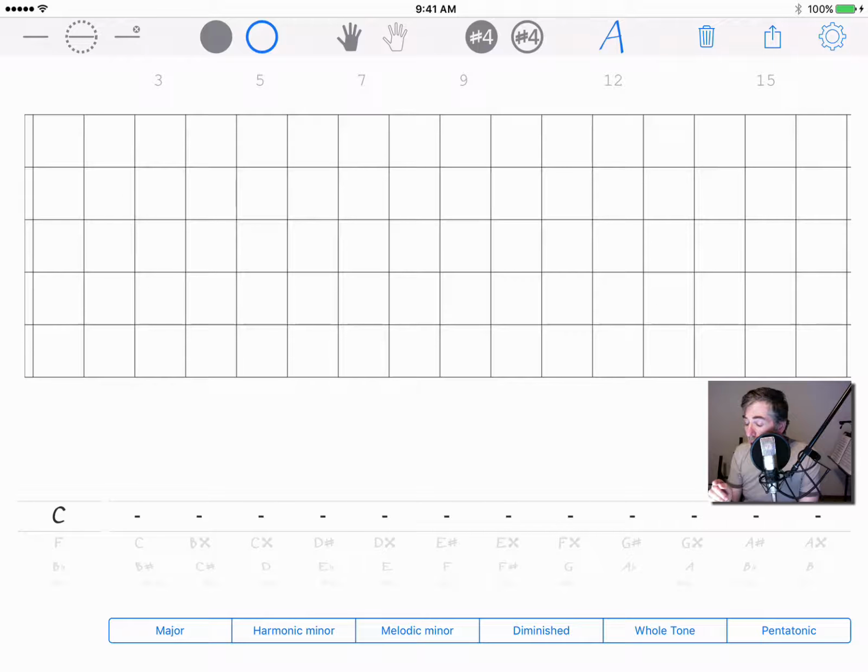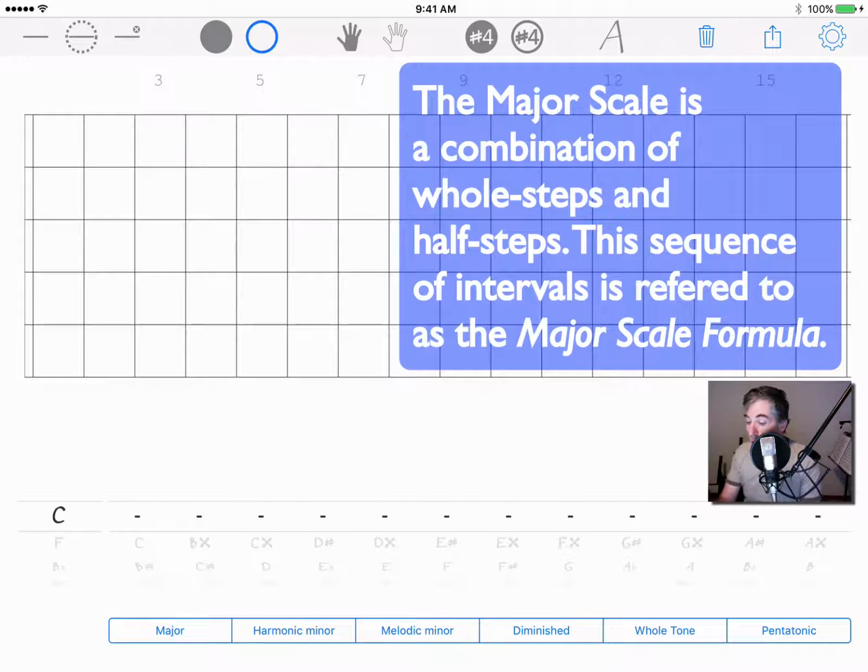Okay, so the major scale is a combination of different distances of these whole steps and half steps. And I'm just going to show you what it is. So if this is my starting position, which is known as the tonic, it would go like this.